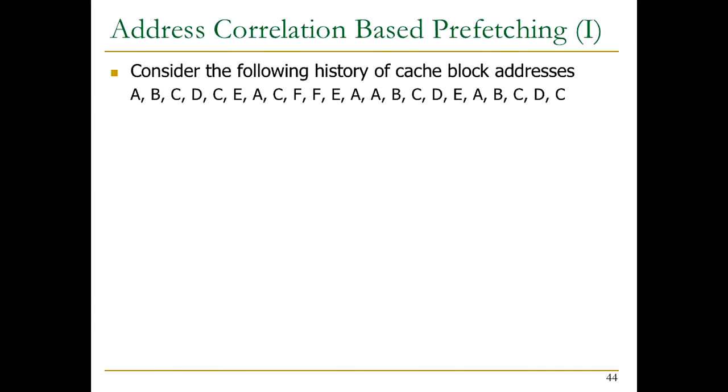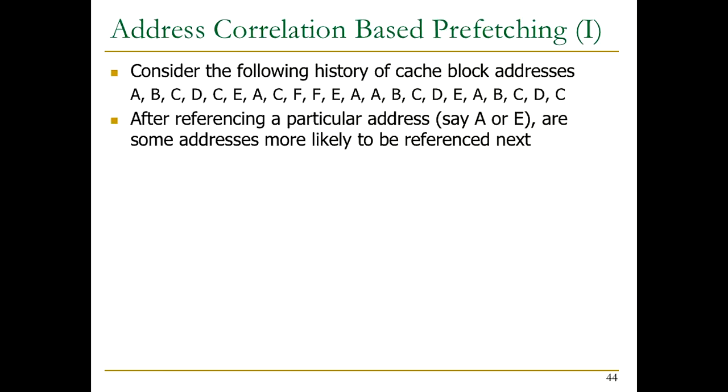Let's start with correlation-based prefetching. So this is called address correlation-based prefetching. Basically, consider the following history of cache block addresses over here. Clearly, there's a pattern here, actually. There's correlation. For example, when you access A, if you knew the access stream beforehand, you could guess that you're going to access B with a very high probability next.